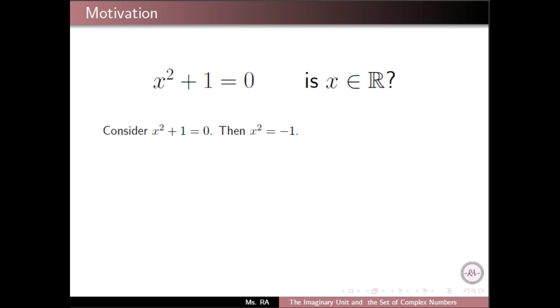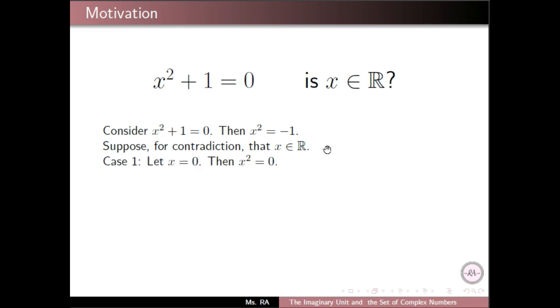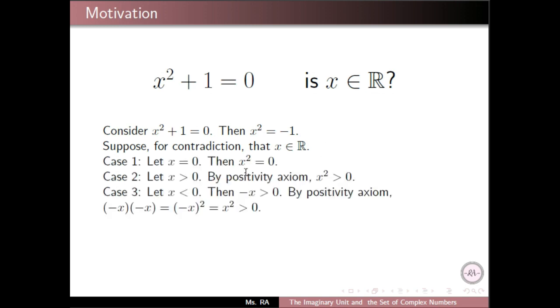We will now be using proof by contradiction. So suppose that x, the solution for x squared plus 1 is equal to 0, lies within the set of real numbers. Exhausting all possible values for x in R, whether x is equal to 0, x is greater than 0, or x is less than 0, observe that x squared is either equal to 0 or greater than 0.